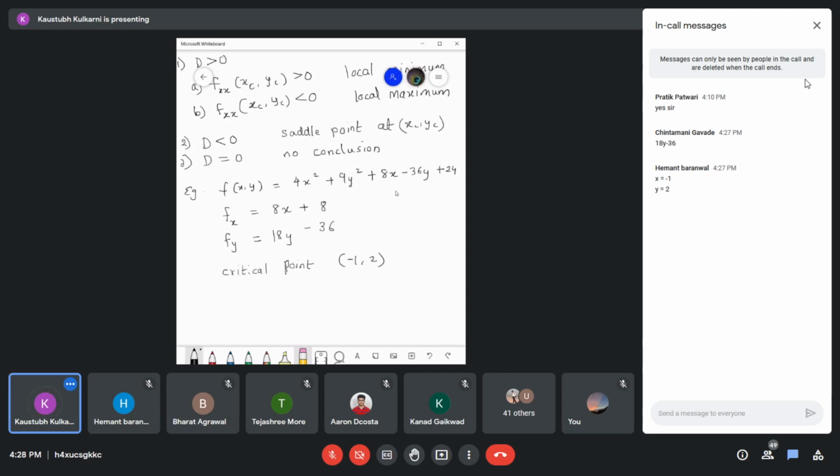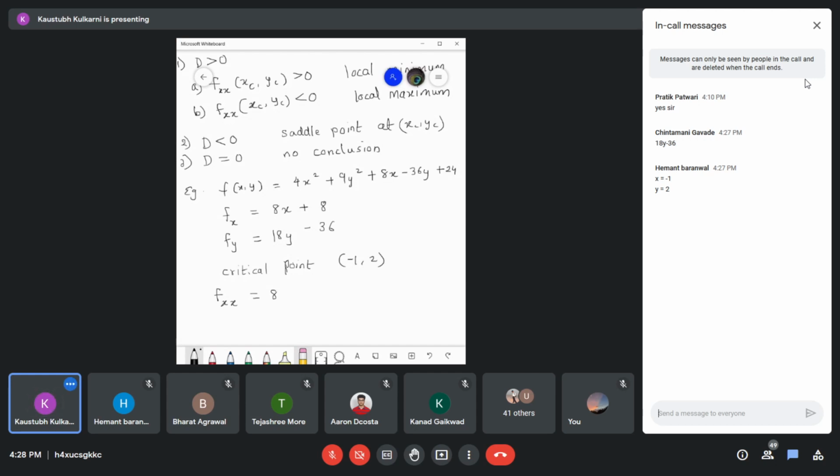Okay. Then finding second derivatives now. Okay. f of xx is equal to 8.